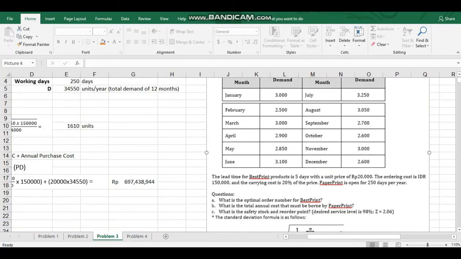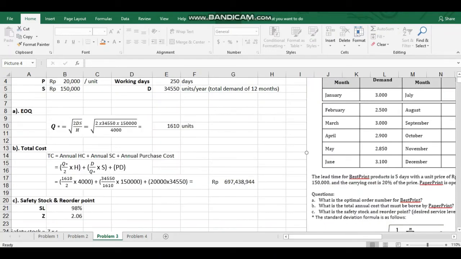And then another info given is the lead time for Bestprint products is 5 days with a unit price of 20,000 rupiah, and the ordering cost is 150,000, and the carrying cost is 20% of the price, which is 20,000.